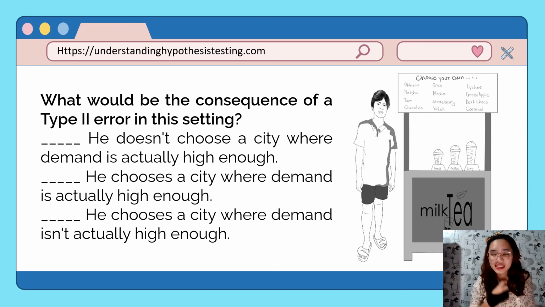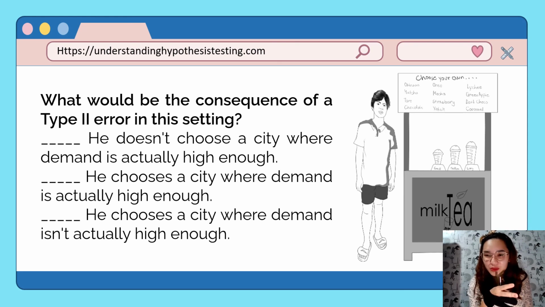So, what would be the consequences of a type 2 error in this setting? So, our choices are the same. When it's a type 2 error, it means he chose a place where the demand is not actually high. Right? So, he accepted our false null hypothesis.